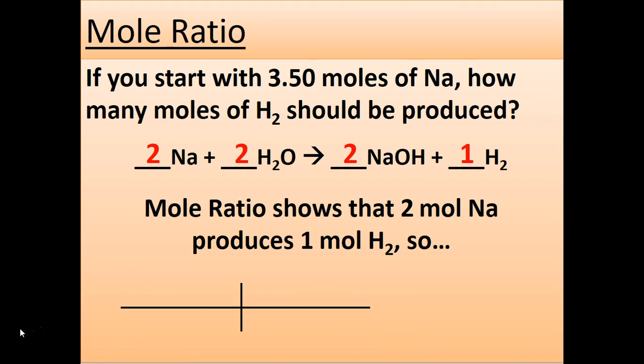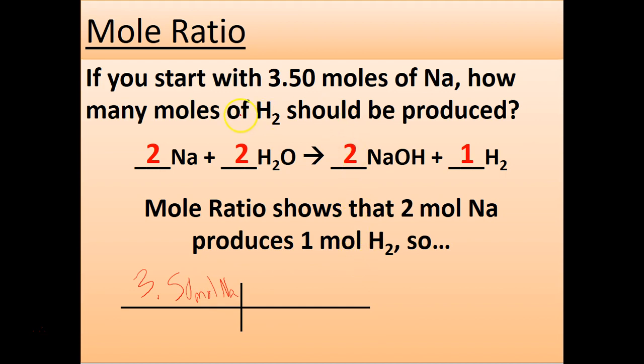We're going to try one more example, this time using a real chemical equation. And this one says, if you start with 3.5 moles of Na, how many moles of H2 should be produced? The first thing we're going to do is start with our given. Our given happens to be 3.50 moles of Na.